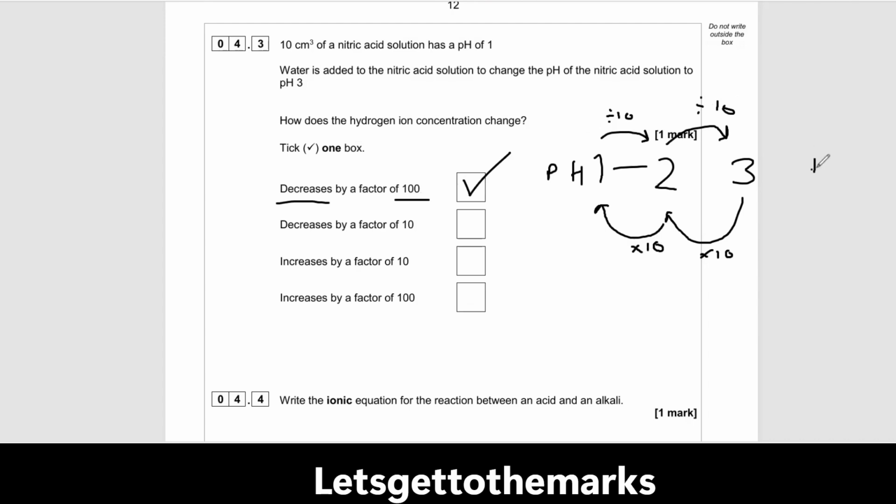And if I said, how much does the concentration increase if it goes from pH 4 to pH 1? It would increase by 1,000, 10 times 10 times 10. You get the gist. As we go up, we get 10 times weaker with each pH. As we go down the pH scale, we get 10 times stronger. Now, that is the hydrogen ion concentration we're talking about there. Of course, acids release hydrogen ions.